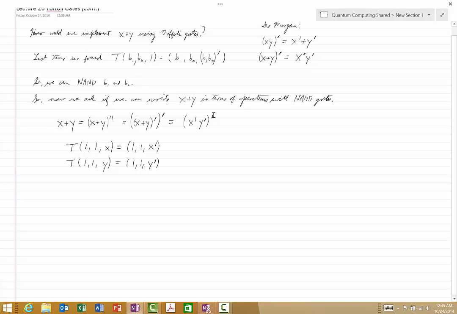Well, we could use this same principle, T of 1, 1, (X prime Y prime) equals 1, 1, (X prime Y prime) prime.